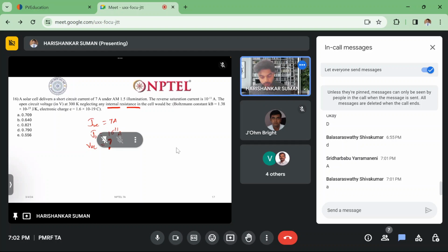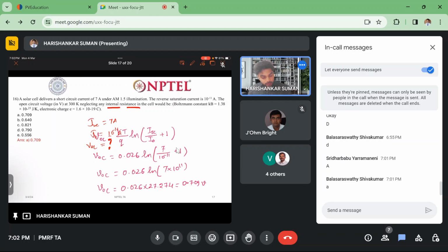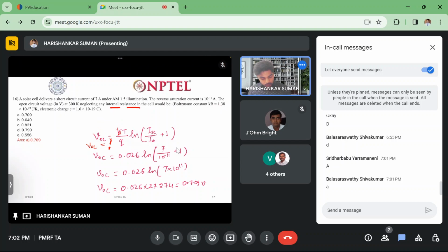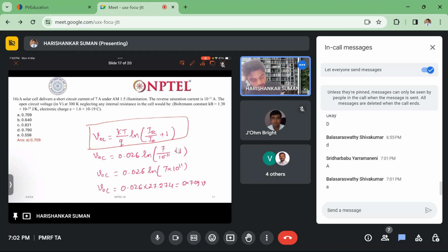So which option is correct? Please see the solution. This is the formula we have to apply. VOC equals kT by q ln of Jsc by J naught, or Isc by I naught, plus 1.